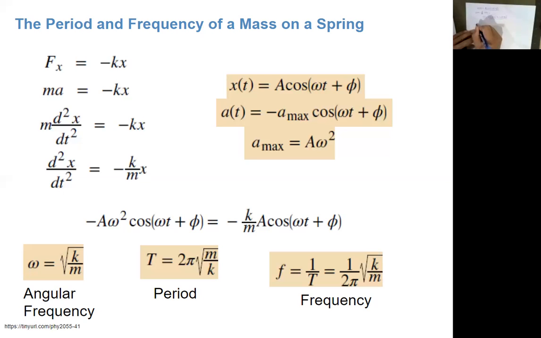Minus A omega squared cosine of omega t plus phi equals minus k over m times A cosine of omega t plus phi. So a couple of cancellations here: A and A cancel out, cosine and cosine cancel out, and the minus signs cancel on both sides. So you can see that omega squared equals k divided by m.